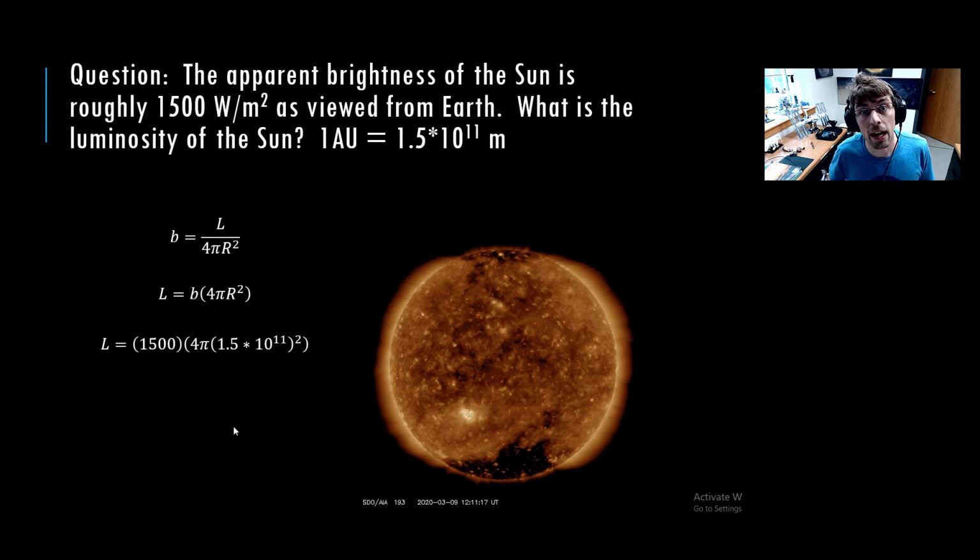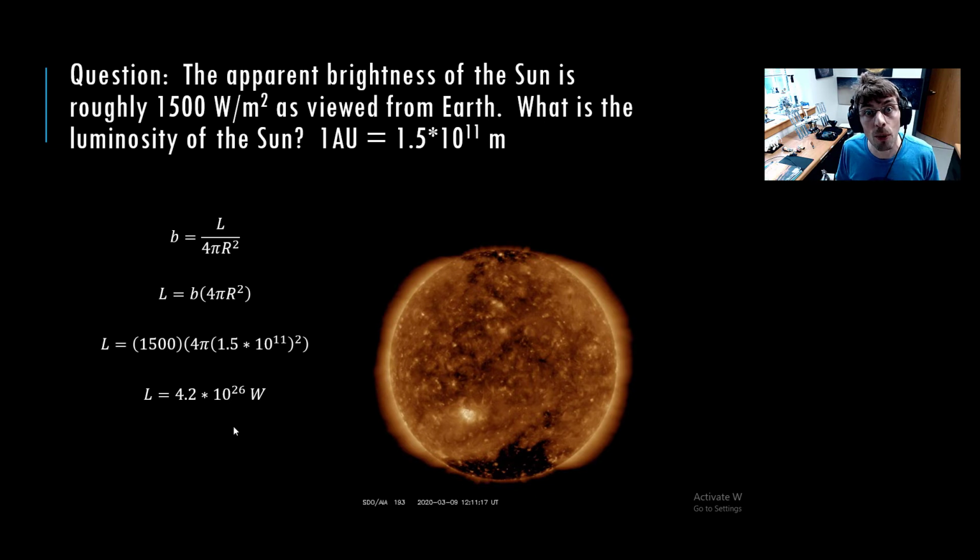Again, we have a number in parentheses squared, so remember to square everything when you're putting it into your calculator. At the end of the day, we get a luminosity of 4.2 times 10 to the 26th watts.